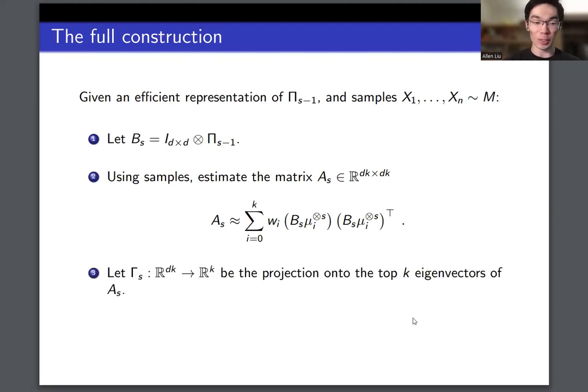Then we simply compute this gamma sub S as a projection onto the top K eigenvectors of A. Now we simply output the composition of gamma and B, and we show that this is exactly the projection onto the span of mu_i to the S. So this completes the construction of the key object in our algorithm.